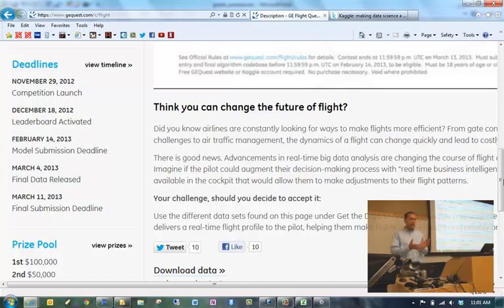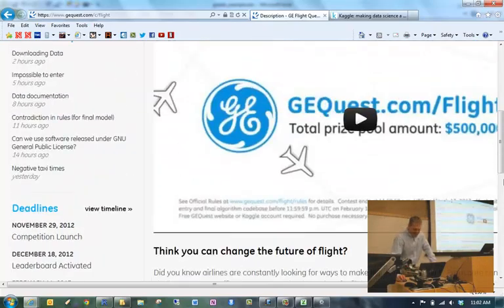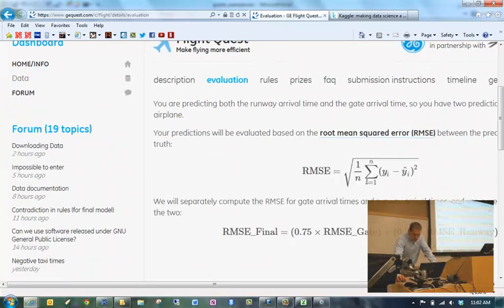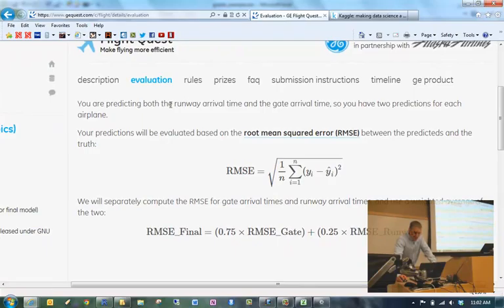Kaggle's hosting the actual competition that GE proposed, and anybody can sign up to participate, either as individuals or groups of individuals. What they are trying to predict, go here to evaluation, they have two response variables: runway arrival time for an airplane and gate arrival time for an airplane.